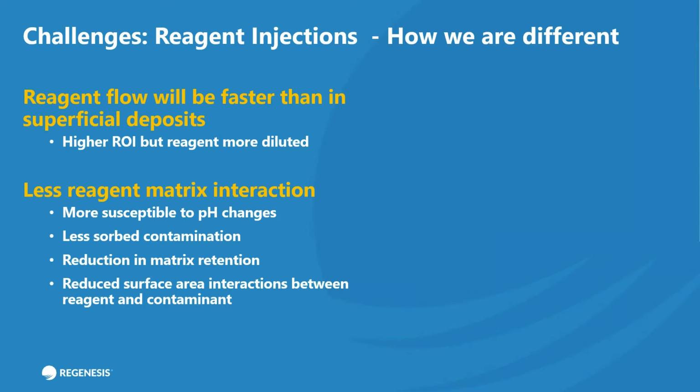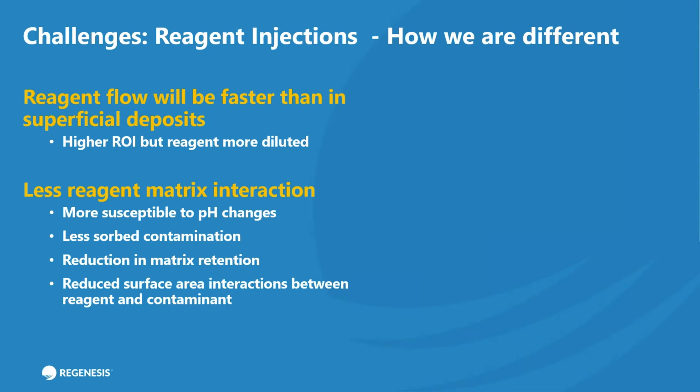Again, could be a positive though, if most of that contamination is in the dissolved phase, is in the water, then using chemical reduction or oxidation technologies may yield quite a rapid reduction, as you're not dealing with excessive amounts of sorbed phase contamination. And then finally, you have reduced surface area interactions between the reagent and the contaminant.